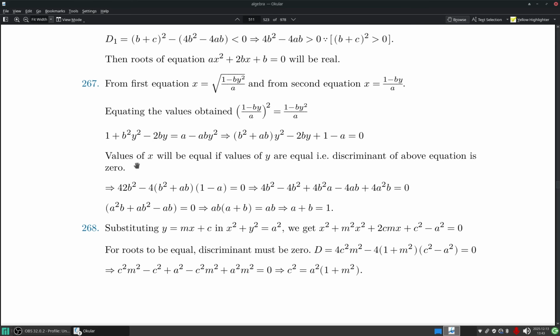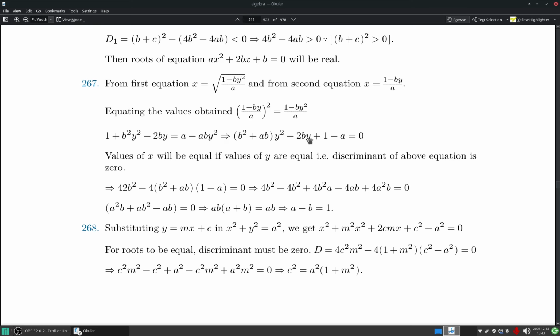Now values of x will be equal if values of y are equal, that is, the discriminant of the above equation is 0. If y has a single value, that is, the two values obtained from this quadratic equation are equal, then there will be only one value of y giving us one value of x. And therefore we compute the discriminant of this.